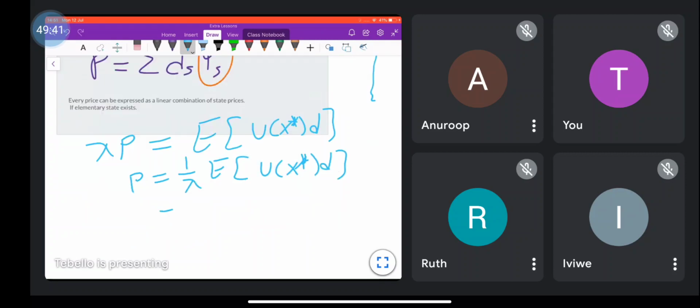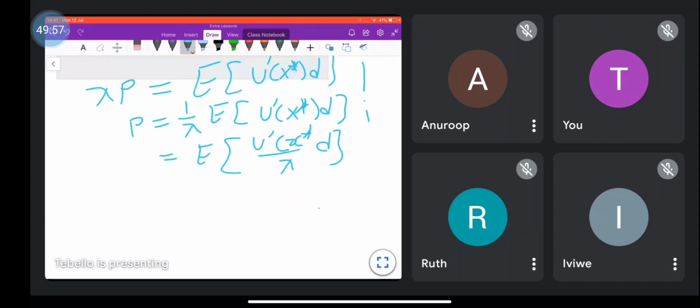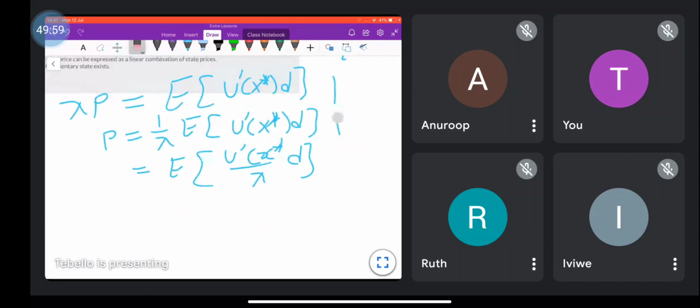You will have the expectation of, sorry, this is the first derivative, over lambda times P. So if this is continuous, again, we know that you are going to have something like this, and then you will have this multiplied by f of x.